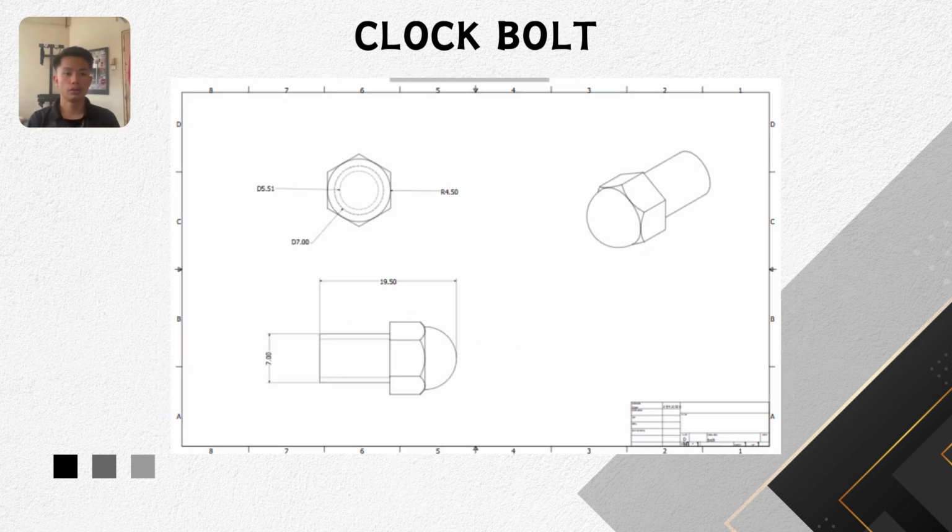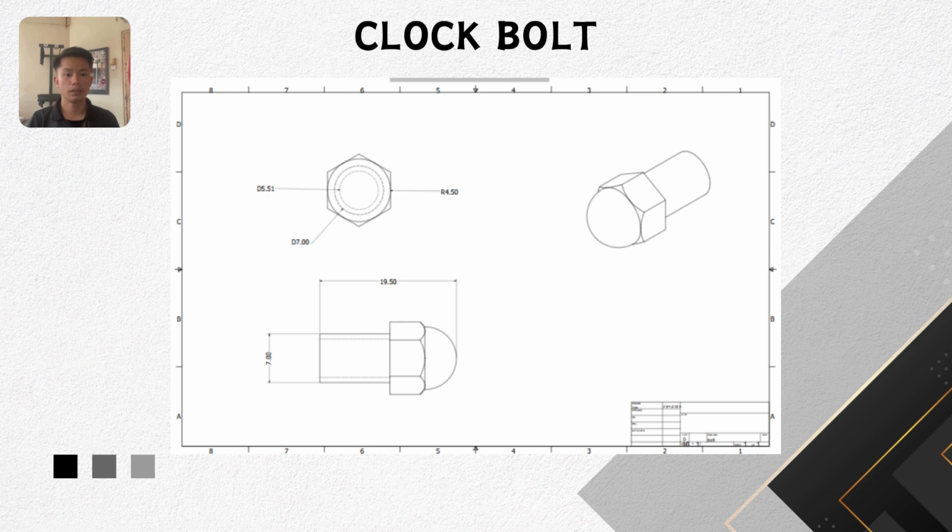This drawing shows the clock bolt in top view, side view, and isometric view. This bolt is for the hour needle, minute needle, and second needle too. The head of the bolt is hexagon shaped with an outer diameter of 7 mm. Inside the head, there is a circle with a diameter of 5.51 mm.